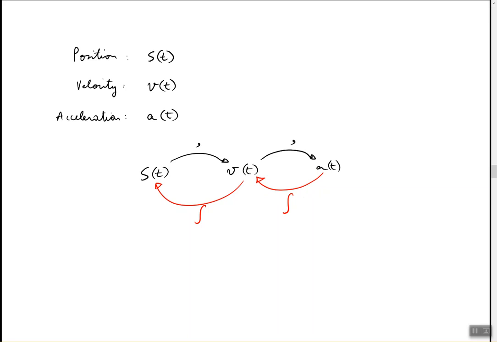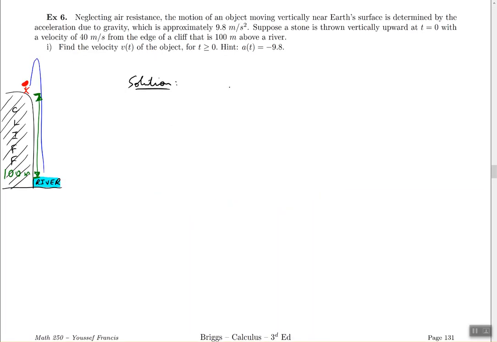Since you gave me the acceleration and you want the velocity, I'm going to get the velocity by doing the antiderivative of the acceleration, with respect to time, dt. So in other terms, the velocity function is the antiderivative of negative 9.8 dt.